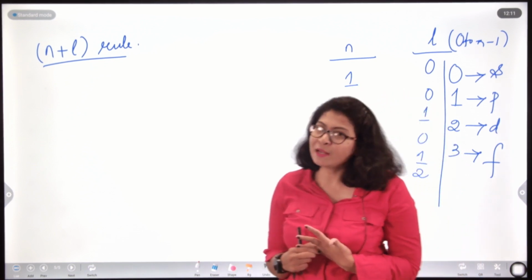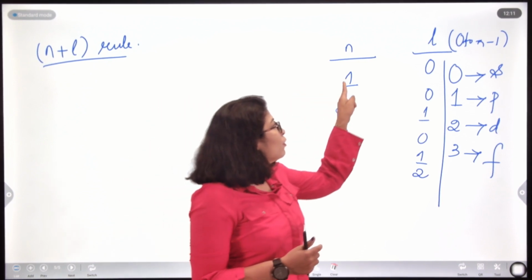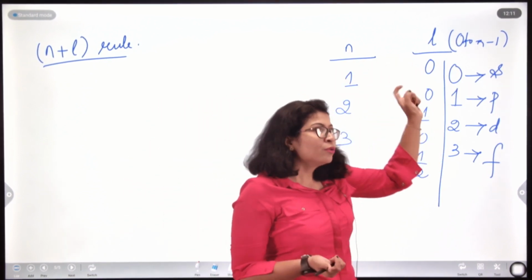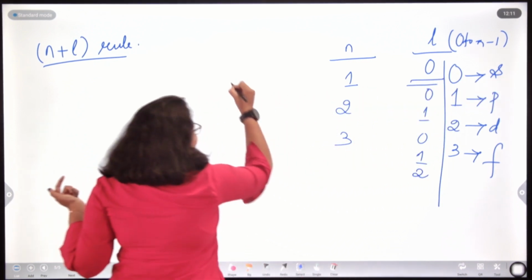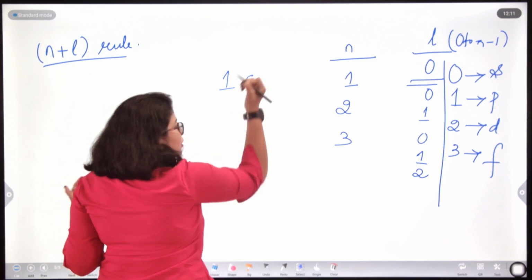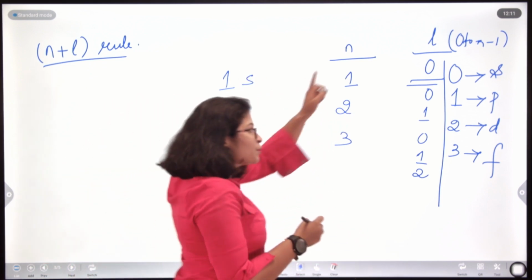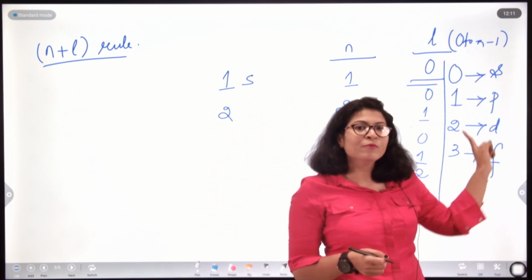Now, the n plus l rule. For the first orbit, if the value of n is 1, only one value of l is possible, and that l is 0. So for 1, only 1s is possible. For 2, two values of l are possible, 0 and 1, 0 for s and 1 for p.